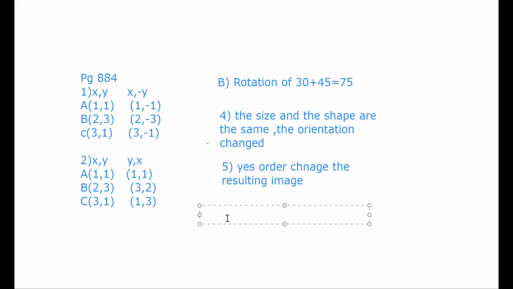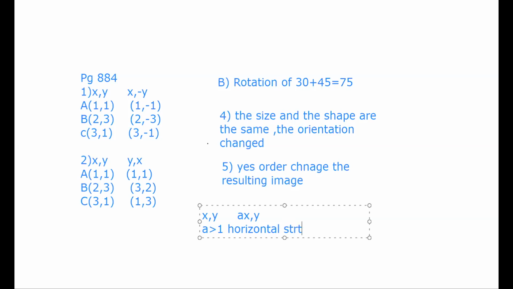When x and y become a·x and y, this is horizontal, because the a is multiplied with x. If a was greater than 1, this is a horizontal stretch or enlarge.